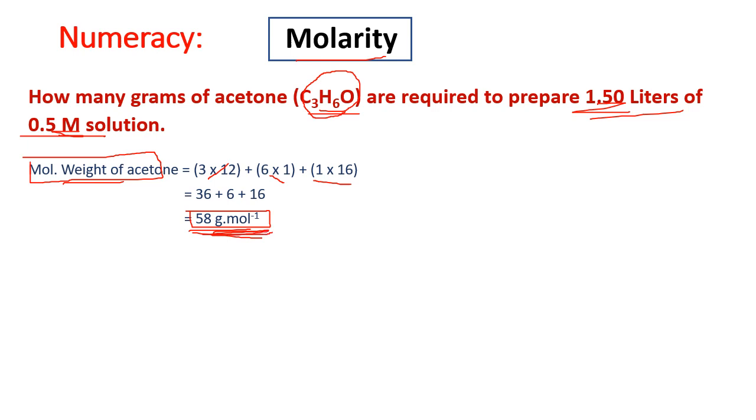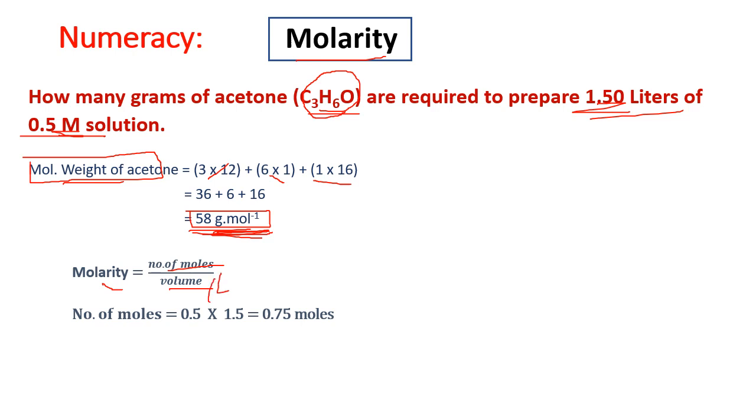Now I got the molar mass, or the molecular weight, so I can substitute in the two equations that we all know. The first rule is molarity equals number of moles over the volume, and this volume has to be in liters. Here I am supplied with the molarity and the volume. So in order to calculate the number of moles, I simply multiply the molarity by the volume.